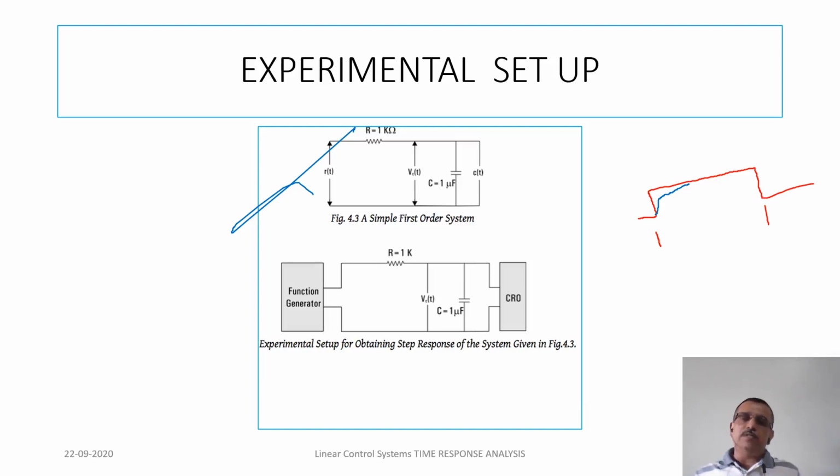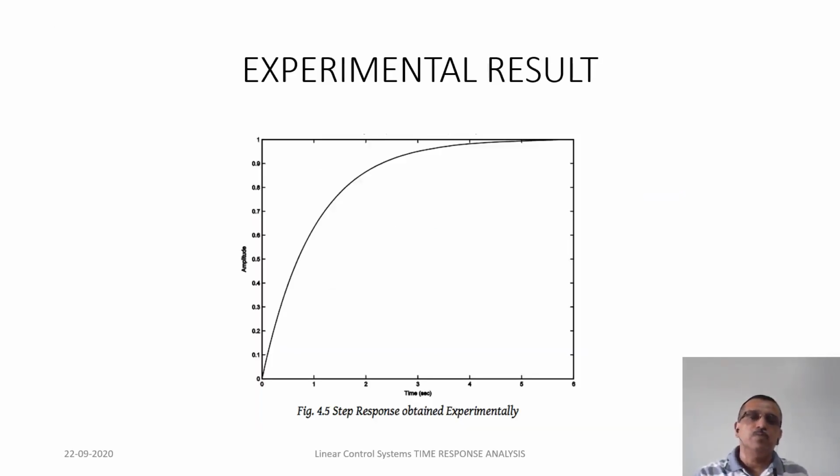If you do this experiment in the lab, you will get this response. The voltage will slowly increase and reach 1 volt. And what is this time? By this time it has reached 1 volt, roughly within 5 milliseconds. I hope you remember in the last class I spoke about time constant, and for this system the time constant is 1 millisecond.